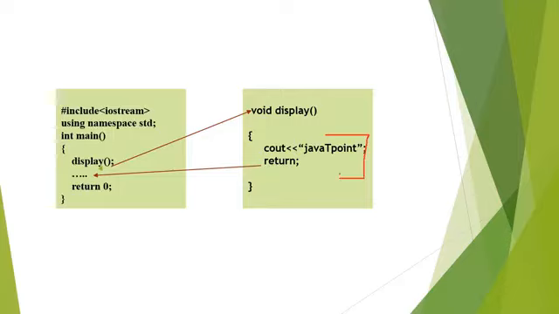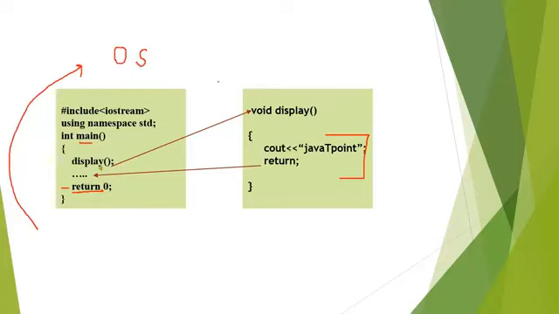After the execution of these statements, the control moves back to the statement from where the function was called. Then after the execution of all the statements of the main function, the control comes to the return statement. And this return statement will terminate the program and return the control to the OS, that is the operating system.